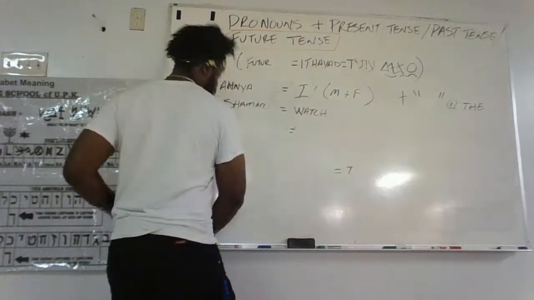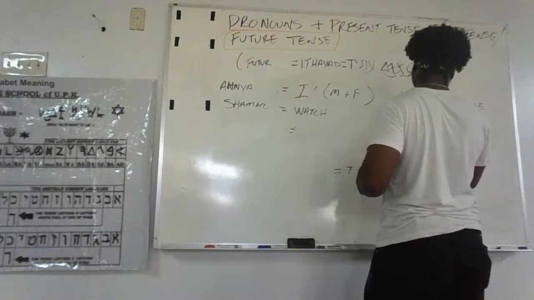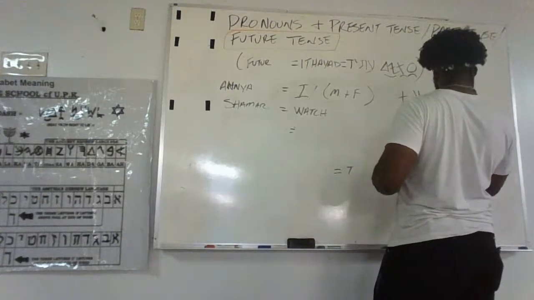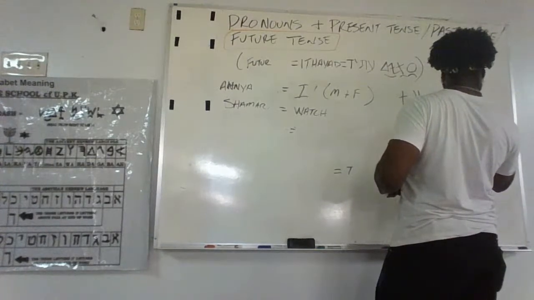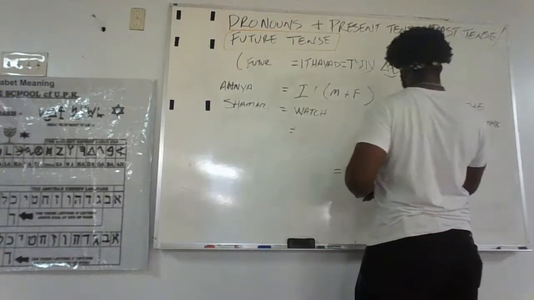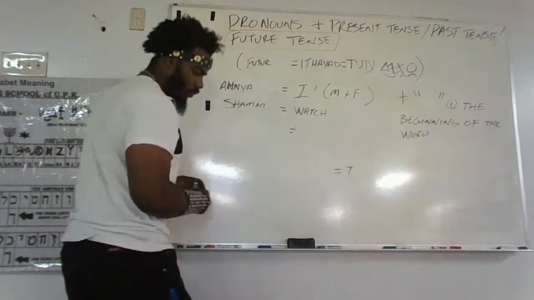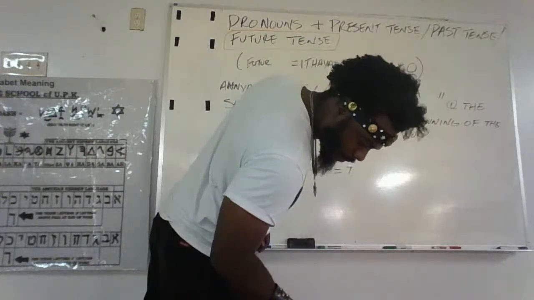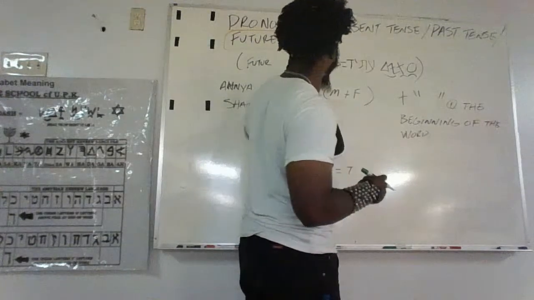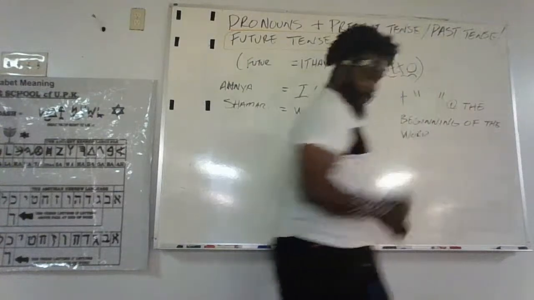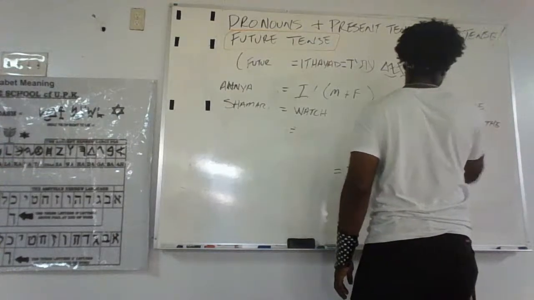So when it's anya and we're dealing with the future tense, you're going to add a prefix at the beginning of the word.